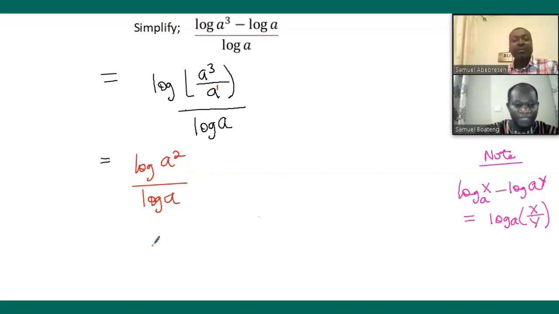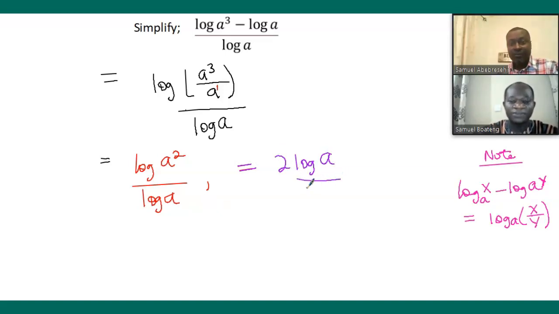Good. Now, next step, the numerator. We have log a to the power 2. We can bring the 2, the power, forward. So we have 2 log a over log a.